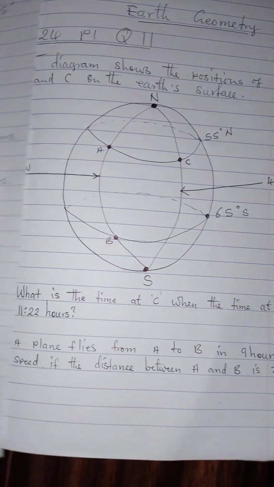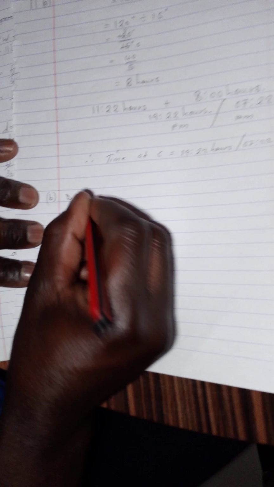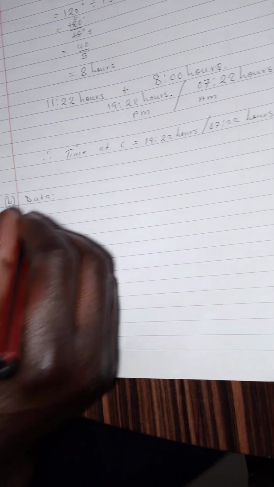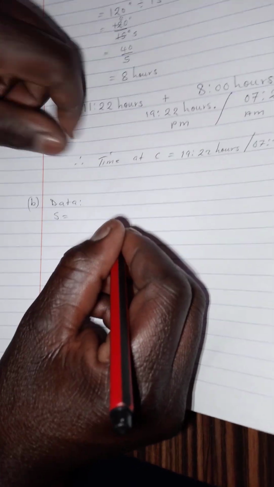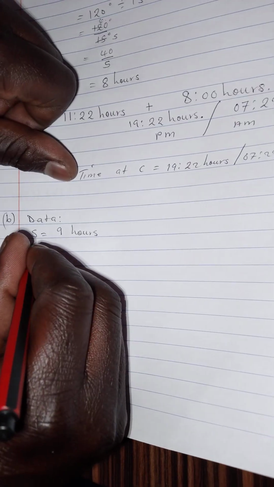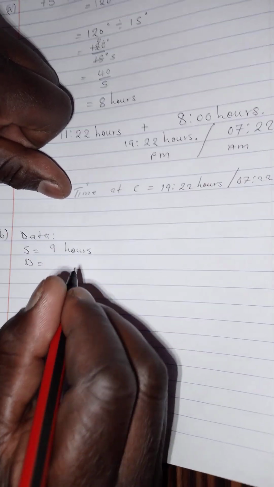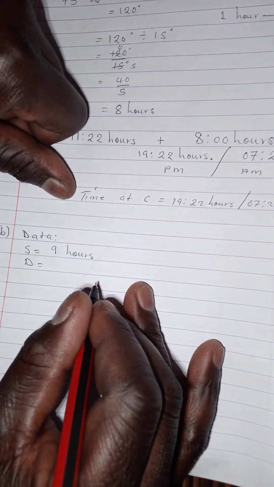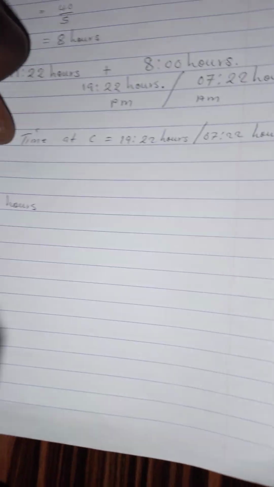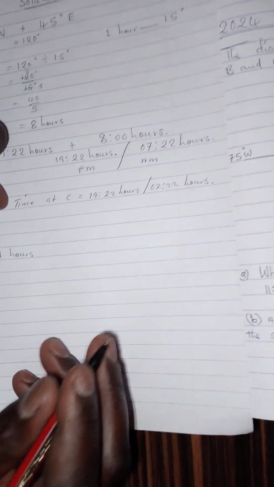So we are going to make the data first. What is our speed? The speed is not 9 hours. This is time. Time is 9 hours.